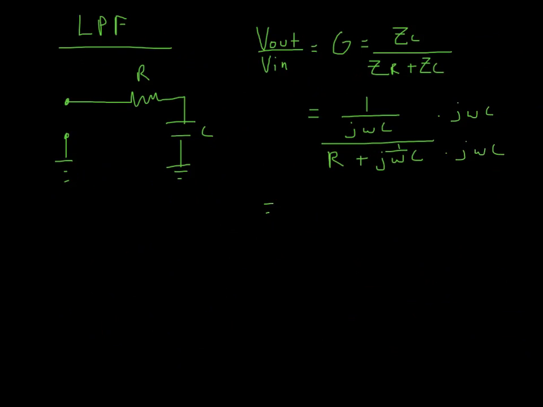And so what that will end up equaling is you'll get a 1 on top, and we'll get a j omega RC plus 1 on the bottom. So far, not too bad. Now here's a problem that we have. Remember, what we'll want in the end is to get things like magnitude and phase. This is our motivation: we want to plot a graph of the magnitude of G versus frequency, and the phase of this circuit versus frequency, and this is not in the format of real part plus imaginary part.